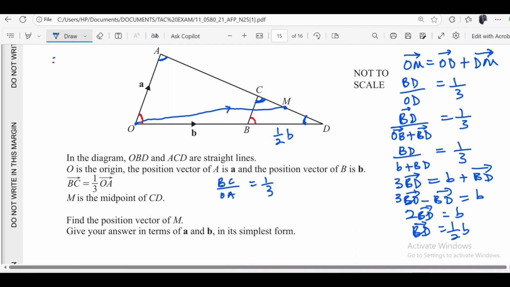I need to get CD, and we know that M is the midpoint. Now remember, if BC is 1 over 3 OA, that means BC is 1 over 3 a. So we can get CD, or let's say we want to get DC.